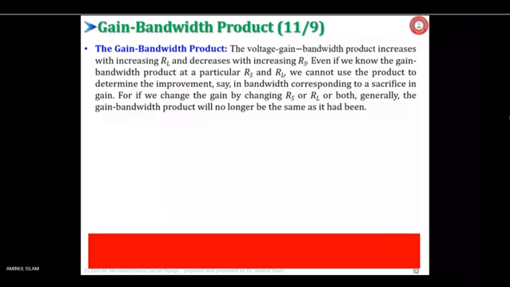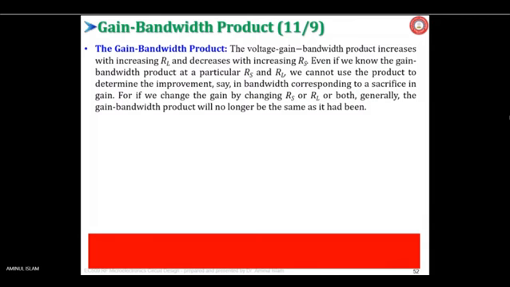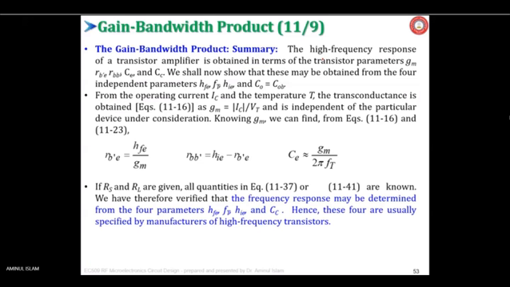So voltage gain bandwidth product increases with increasing RL. Remember this. And decreases with increasing RS. Okay, that is good enough to remember, and you might take this snapshot and read it yourself.